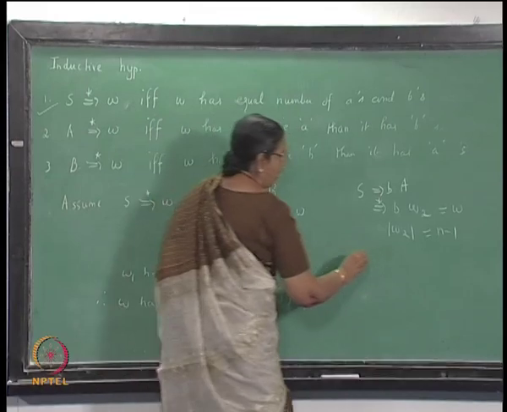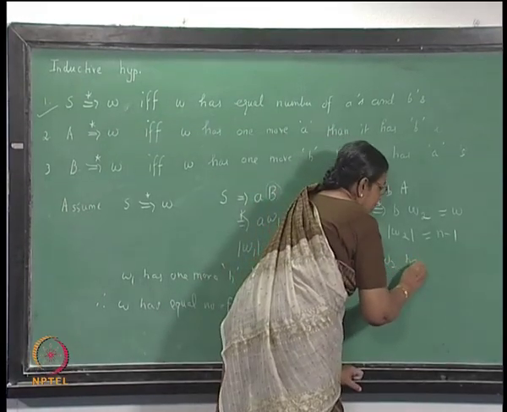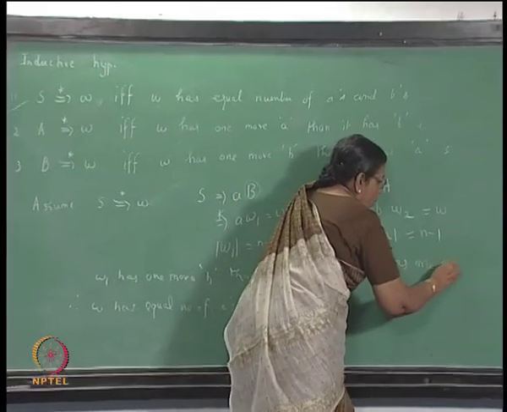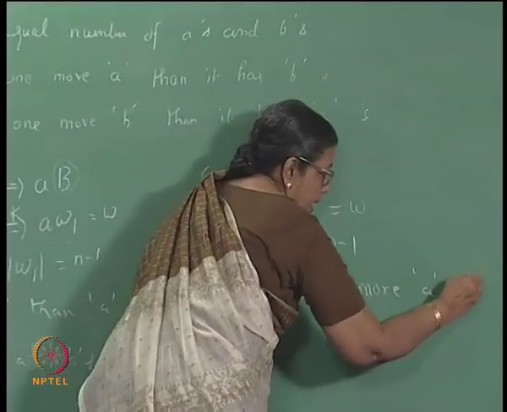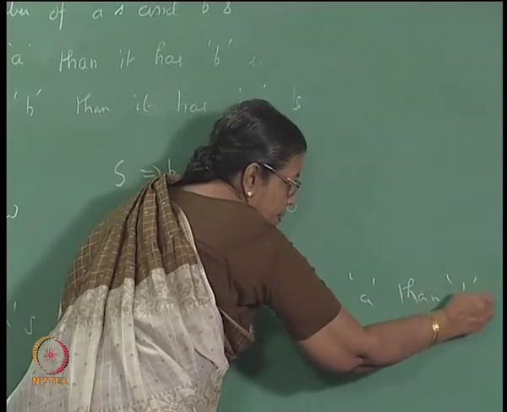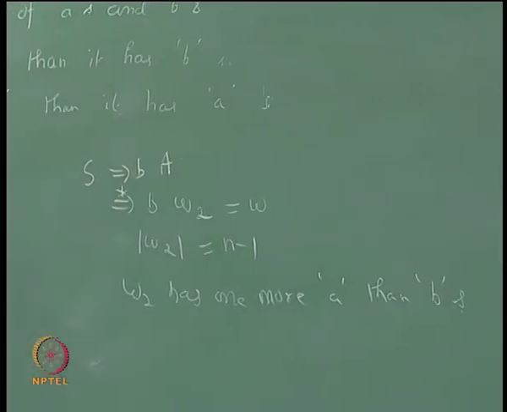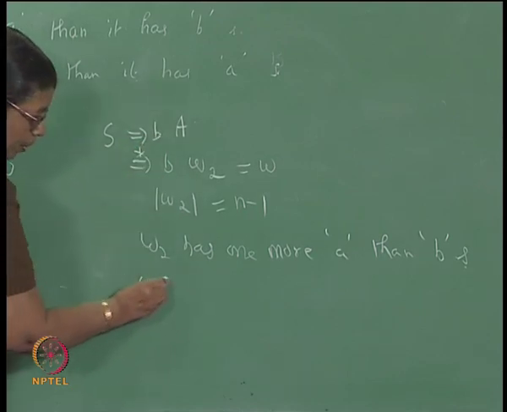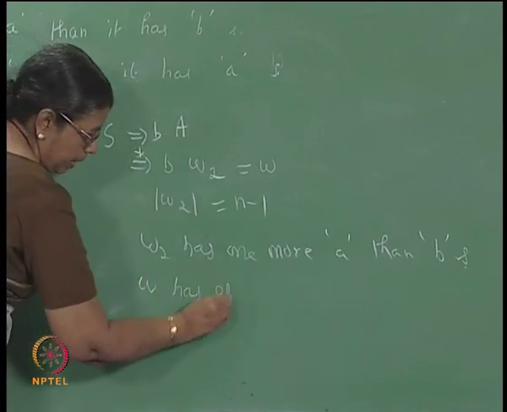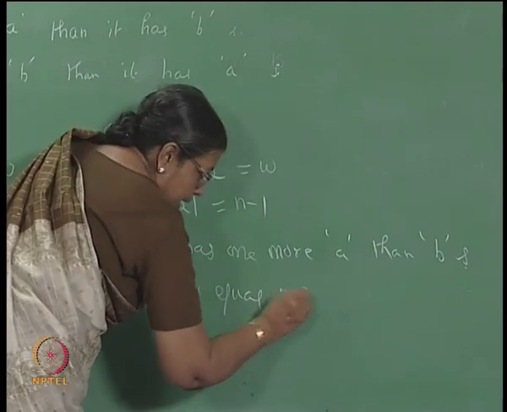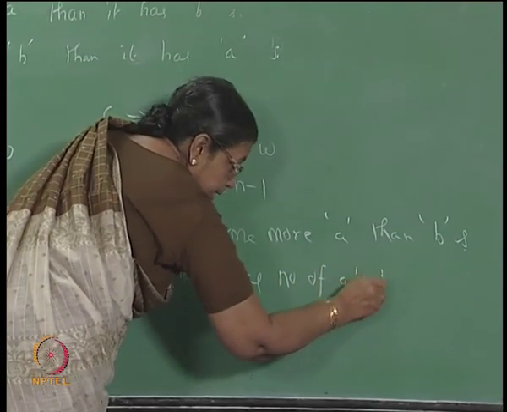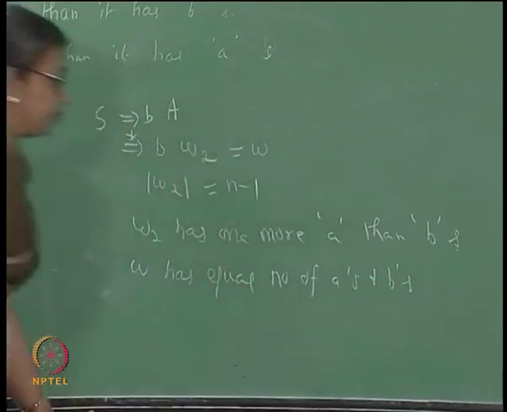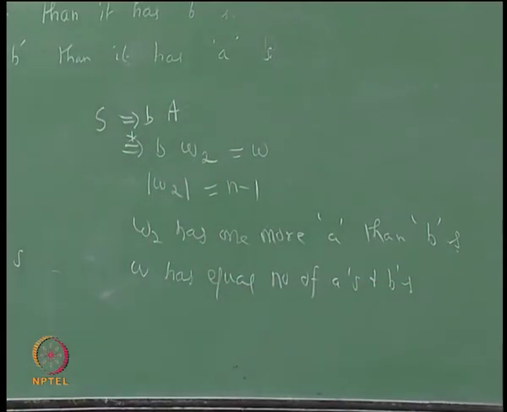So, W2 has one more A than B's. So, counting along with this B, W has equal number of A's and B's.